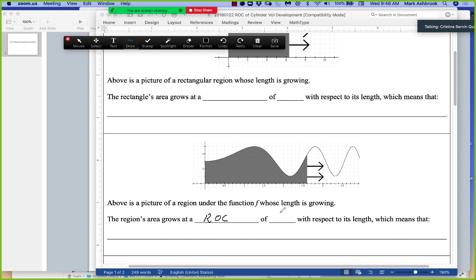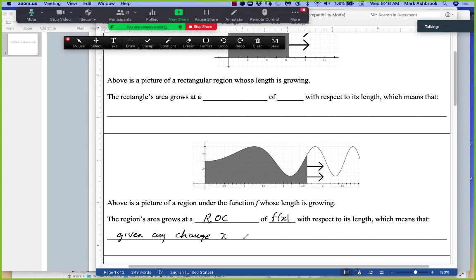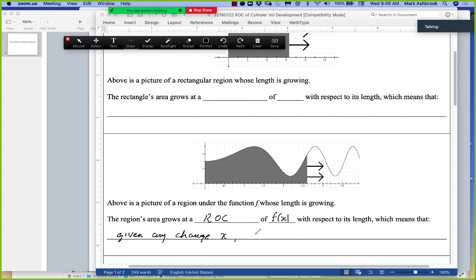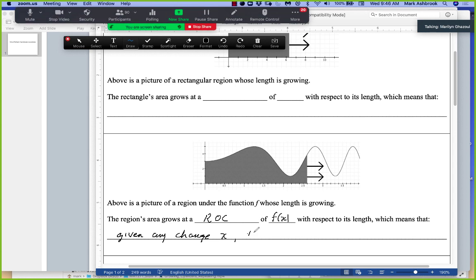F of x. Right, the rate of change is the value of the function, which means that given any change in x, what can we say? There will be a different change in y.